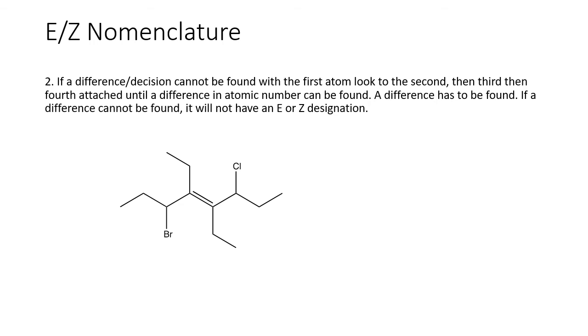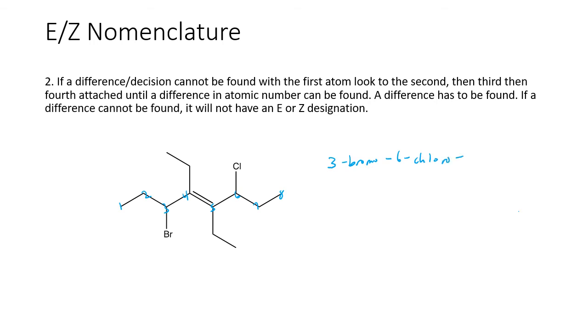So let's name this next one here. For our numbering, we're going to start on the left. That'll put bromo at number 3. So we've got 8 carbons. We have oct. It's going to be our prefix. So we're going to have 3-bromo, 6-chloro.